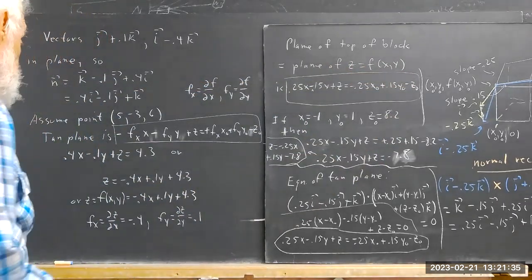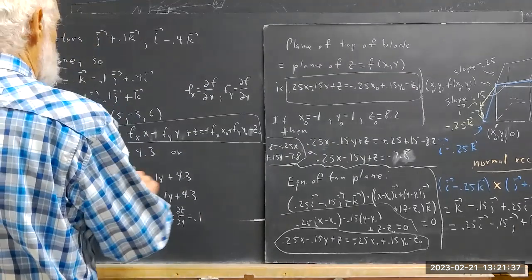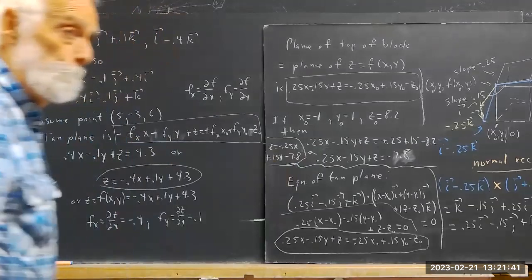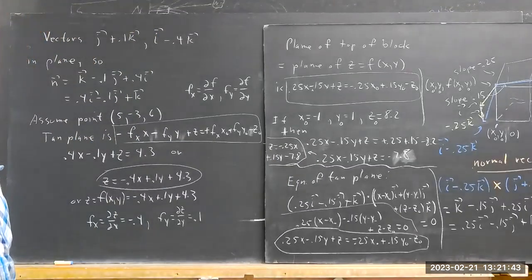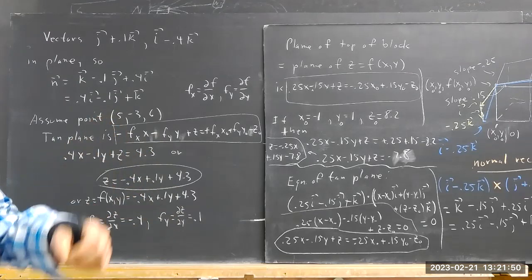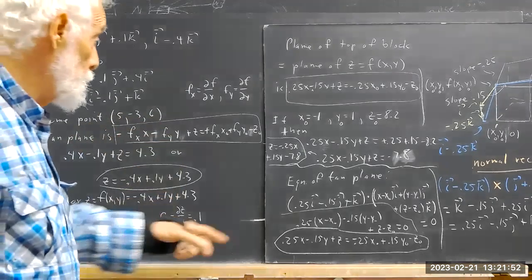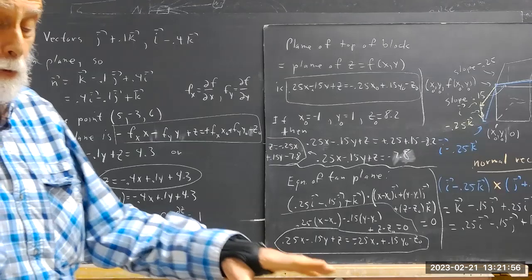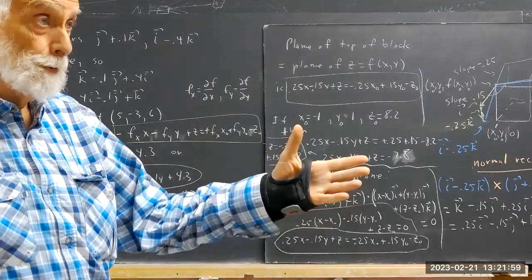Okay, well, the point is now, I've got an equation for this plane, and I've got an equation for this plane. So now what I want to do is find an equation for the intersection of those planes, a set of parametric equations, symmetric equations, whatever you want, for the straight line where those two planes intersect. Because when two planes intersect, they do intersect on a straight line.